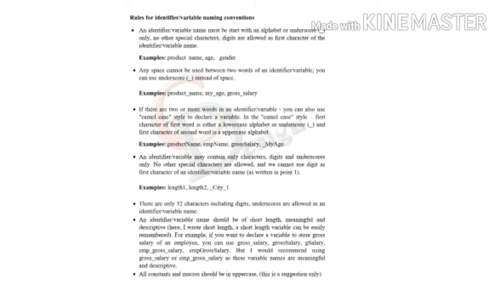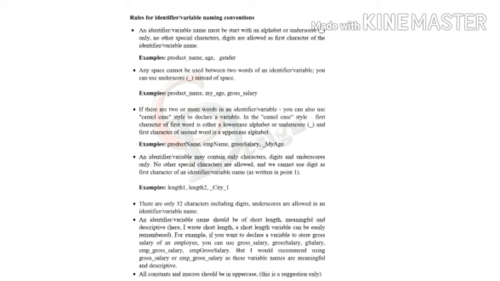Then let's take a look at the rules for variable naming conventions. The first rule says a variable name must start with an alphabet or underscore only. No other special characters or digits are allowed as the first character of the identifier or the variable name. And an example has been given.